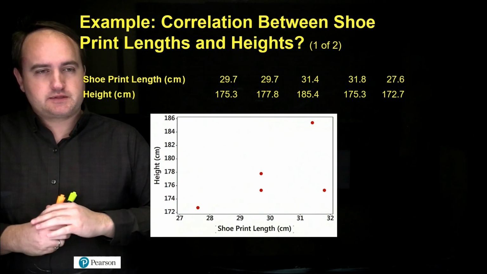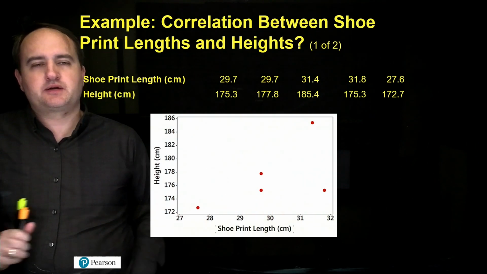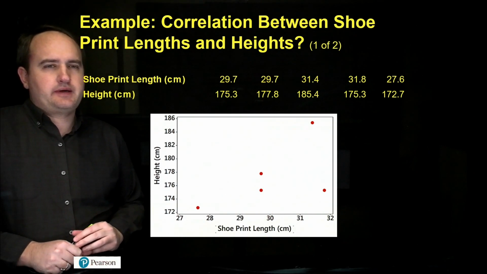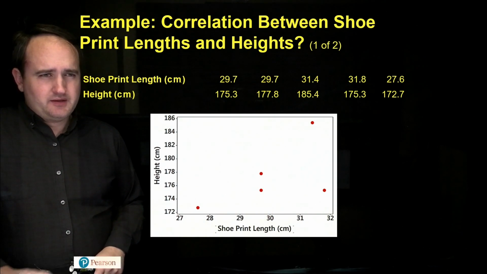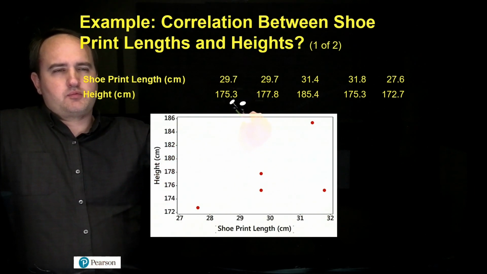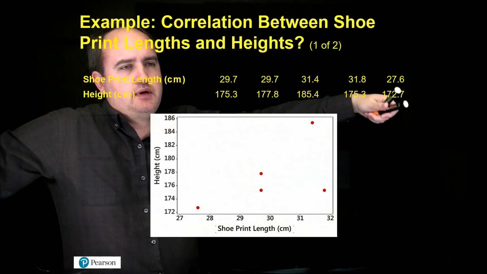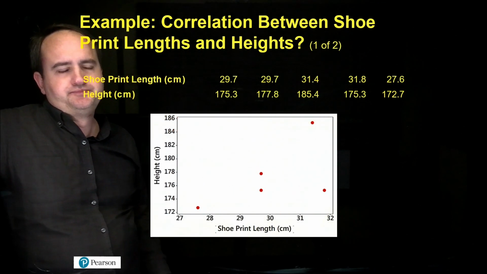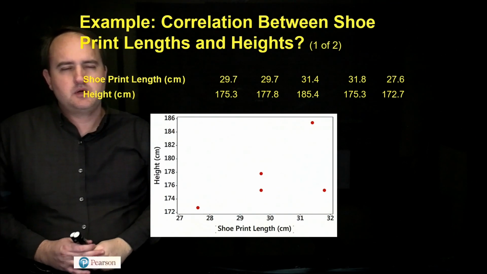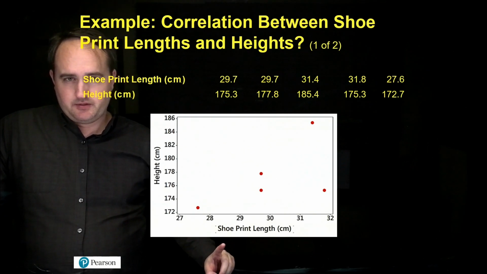They're multiple choice. So the way these graphs, these scatter plots are constructed is essentially you just want to arrange these paired data values from smallest to largest. So like here, we would look at the shoe print length because that is the x-axis.